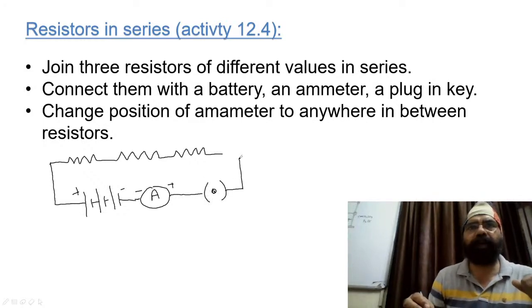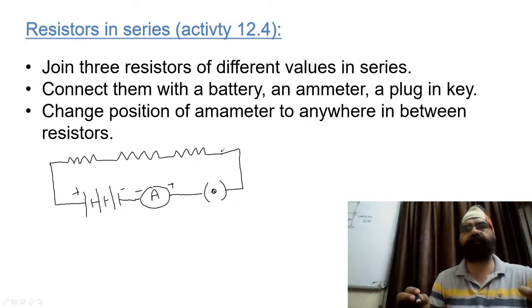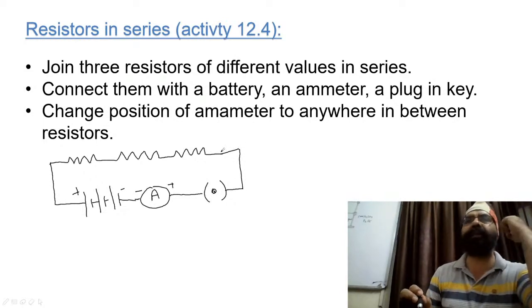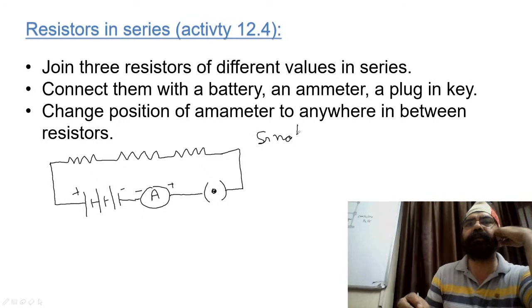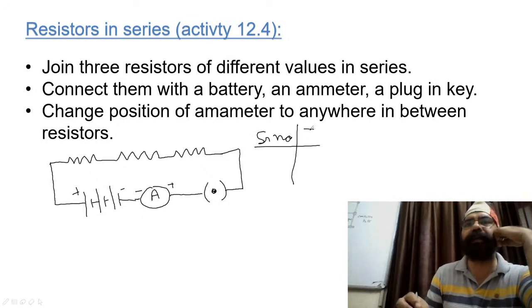I connect it to this. Now this is the arrangement we have done, and now we note the reading. I close the plug-in key and note the reading. Now this is the serial number and this is my reading I.